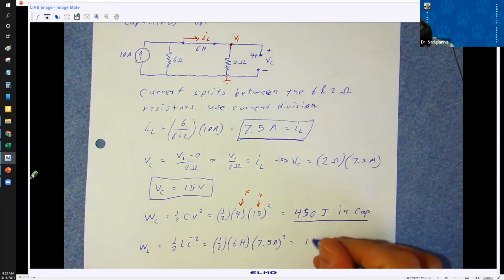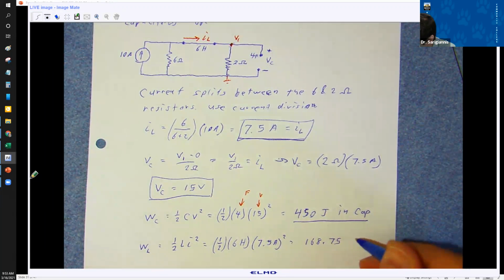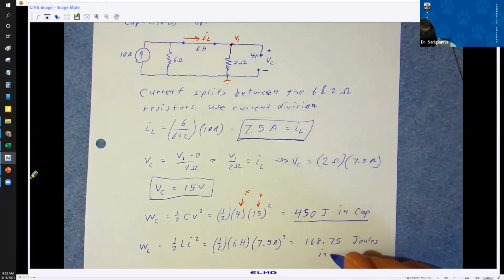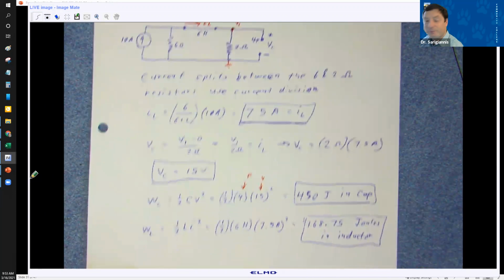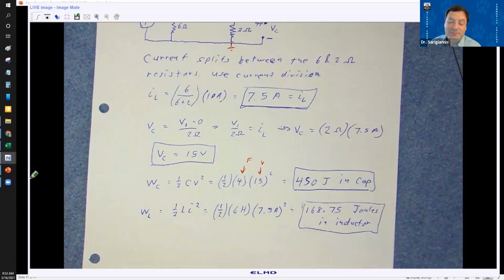And this gives me 168.75. I mean, you can round up to 169 joules. This is the inductor. That seems a little odd. Inductor. So that shows you how much energy they each store.